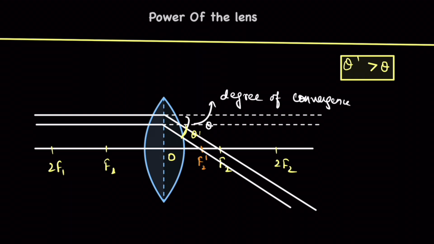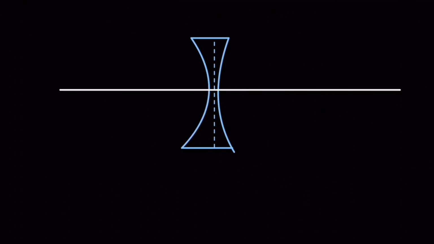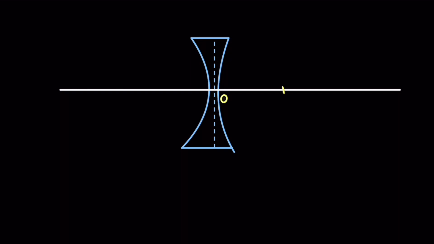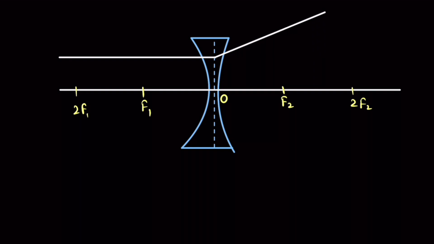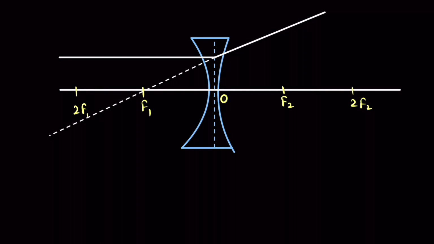Fine. Similarly, if we take a concave lens, then what happens? This is a concave lens. Here is the optical center, f2, 2f2, f1, 2f1. Let's take the incident ray parallel to the principal axis. It will diverge and it will pass through f1.